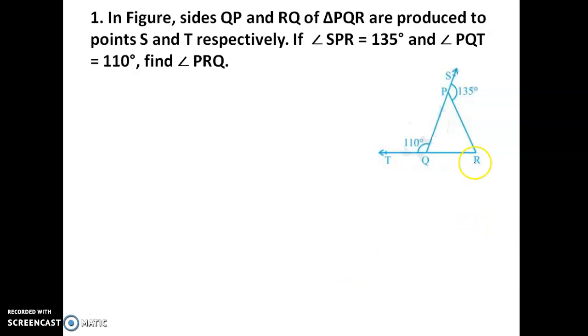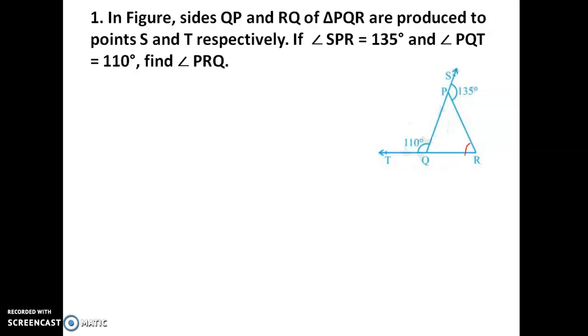This is the given figure. Two sides are extended and the exterior angle is also given. We have to find out angle PRQ. This angle PRQ means this angle we have to find out.